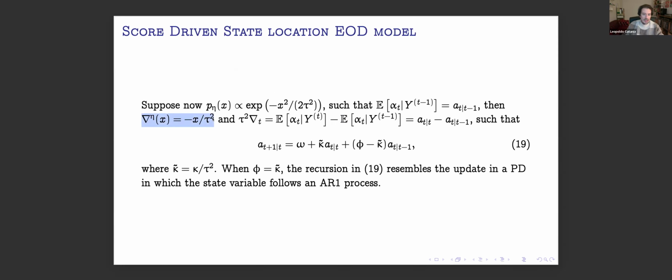Now the score looks like this, it's not standard Gaussian, there is this tau. So now the score of the state variable looks like this.